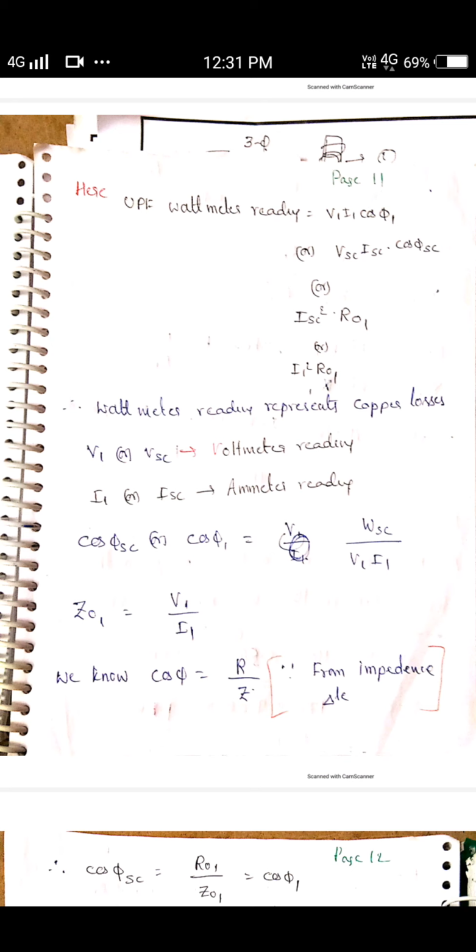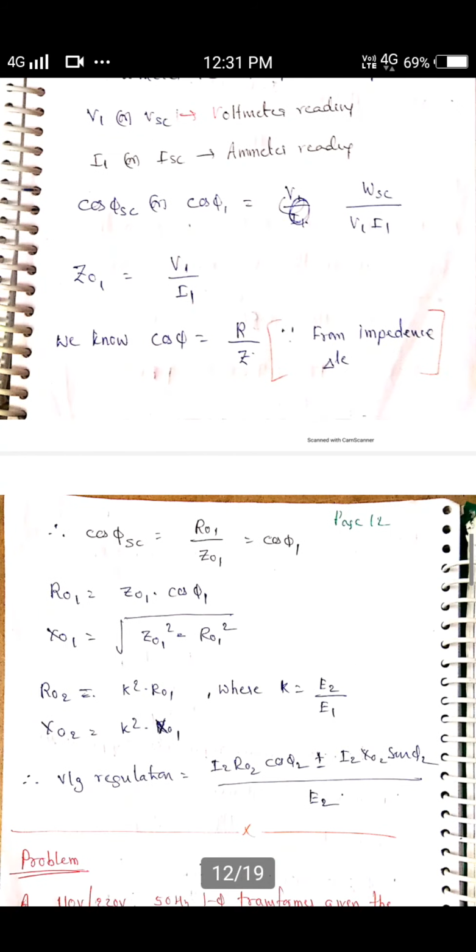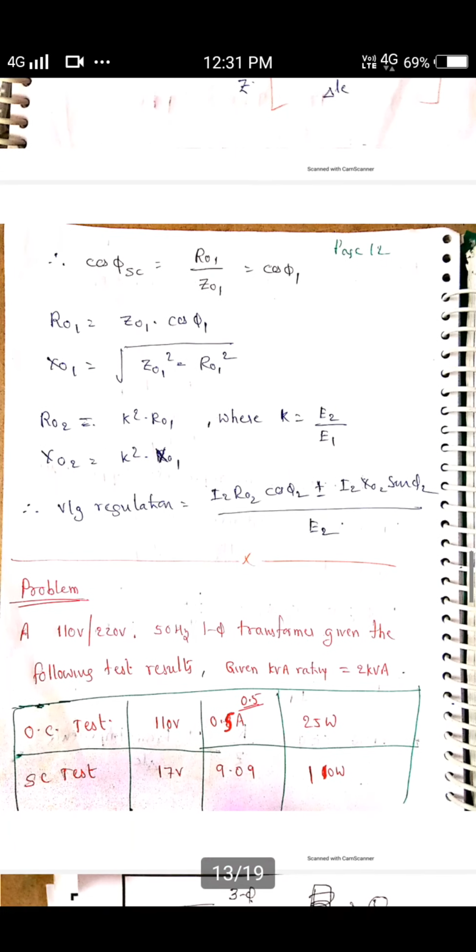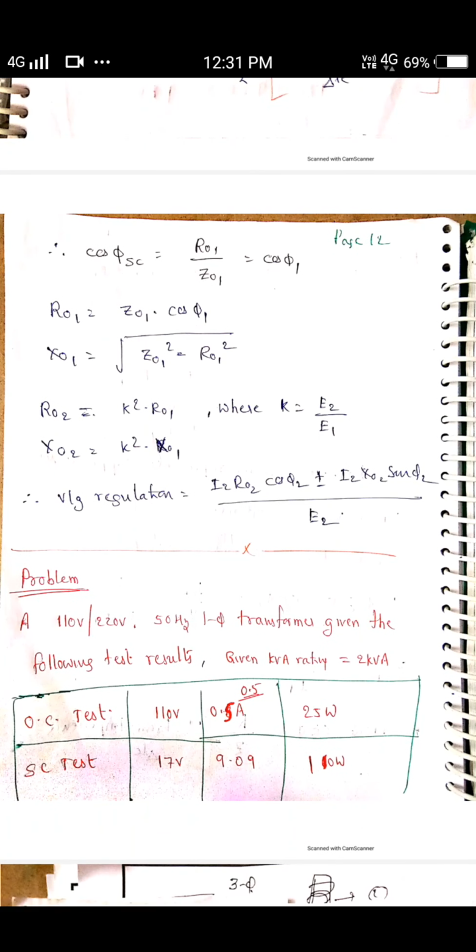We know the formula for power factor, cos phi is equal to R by Z, from the impedance triangle of a transformer. R by Z means R01 by Z01. With that also we can calculate cos phi SC, because both give the same value: cos phi SC is equal to WSC by V1 I1, or R01 by Z01.